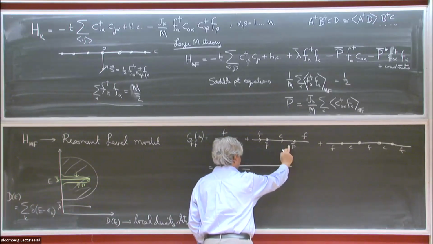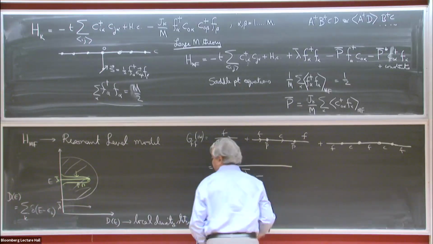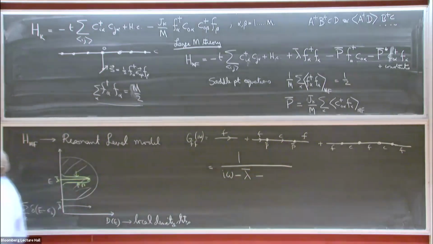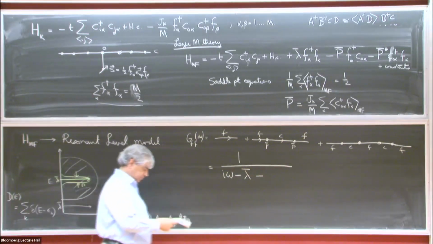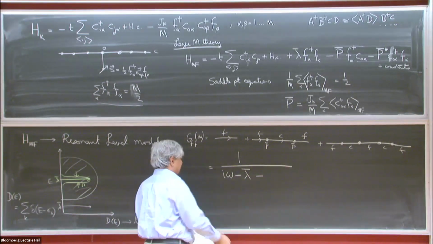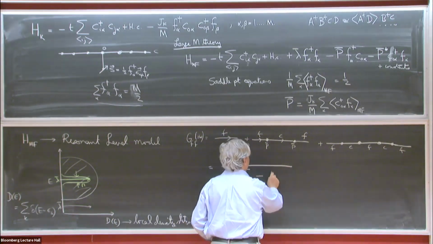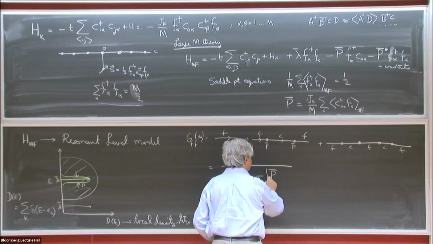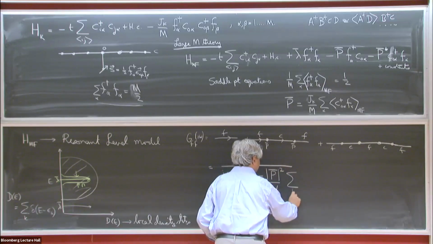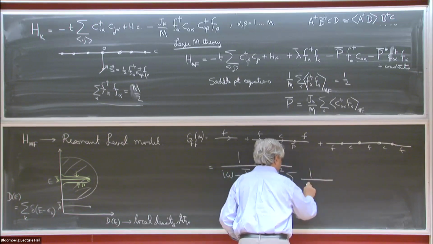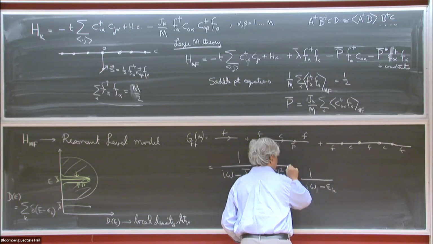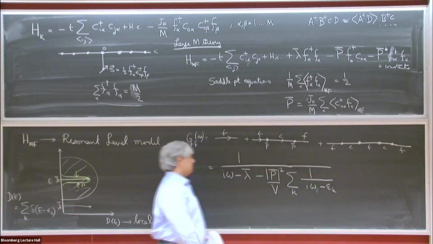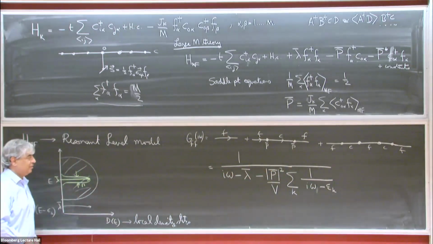And then there's a self energy here, which is going to be, make sure I get the sign right. But I can just guess, I don't think I need a p bar squared. You'll get a sum over 1 over volume, sum on k, 1 over i omega_n minus epsilon_k. And that's the exact Green's function of the resonant level model.